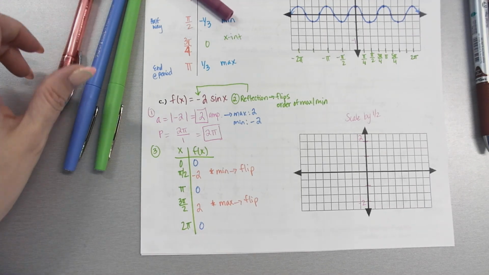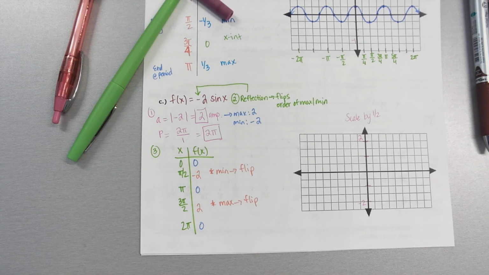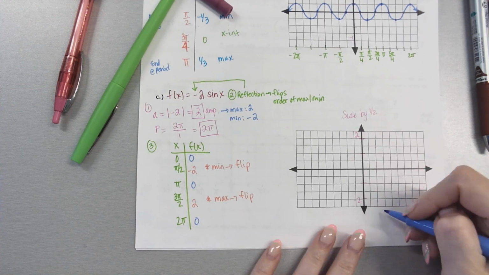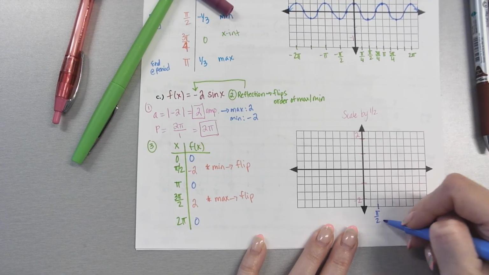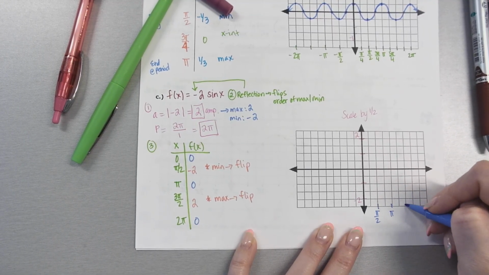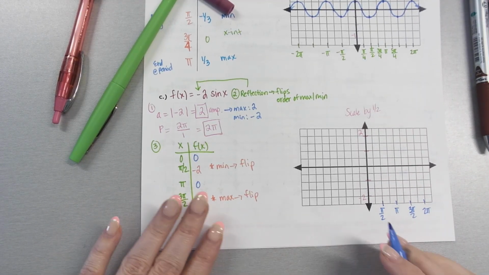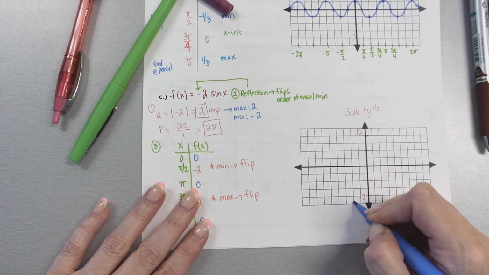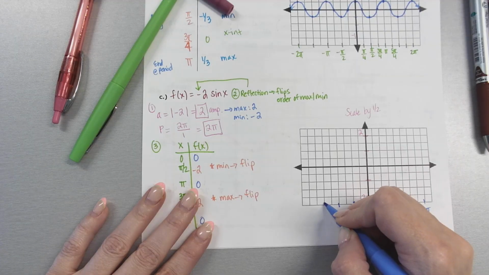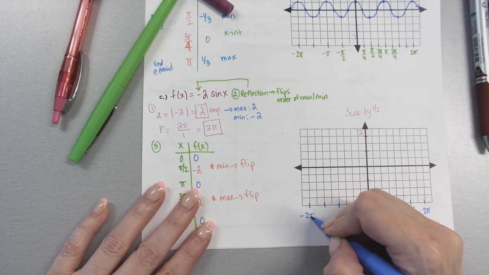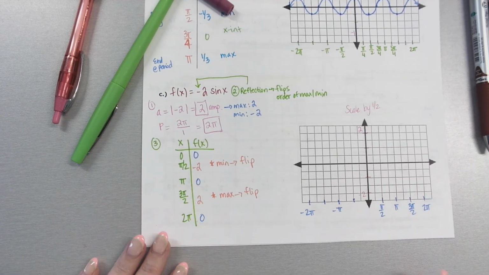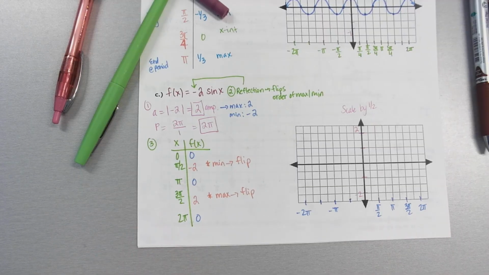And then the x's, you're always labeling those underneath. So you have the pi over 2, the pi, the 3 pi over 2, the 2 pi. Again, if you wanted to label those every one, you have the option to do that as well. It is kind of nice sometimes to spread those out.